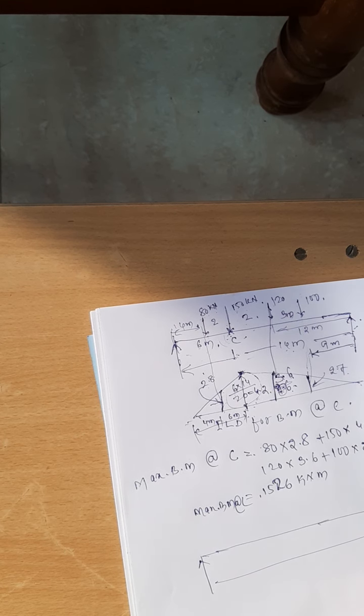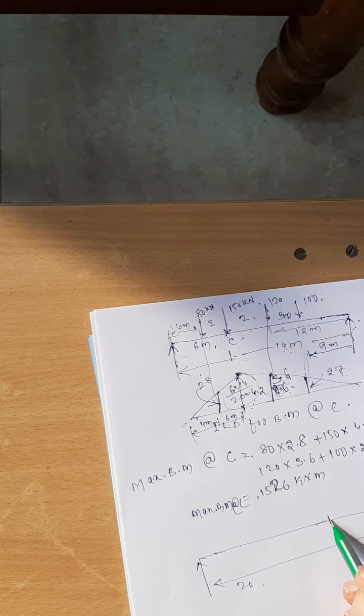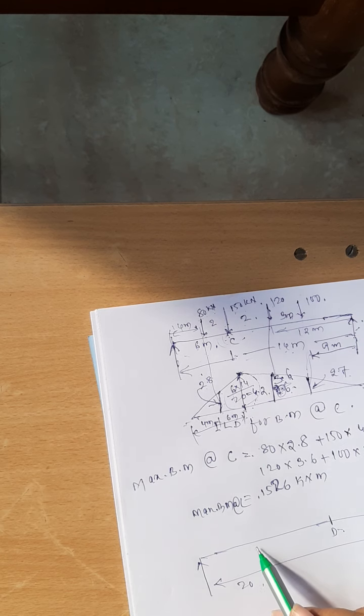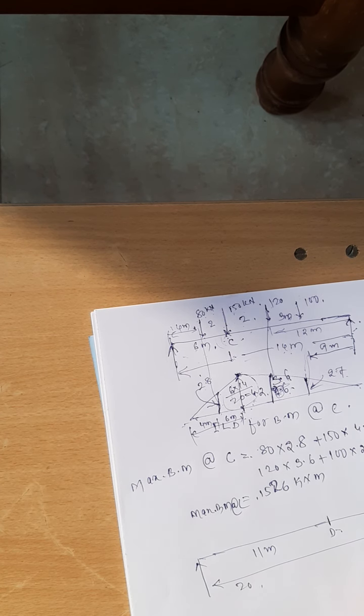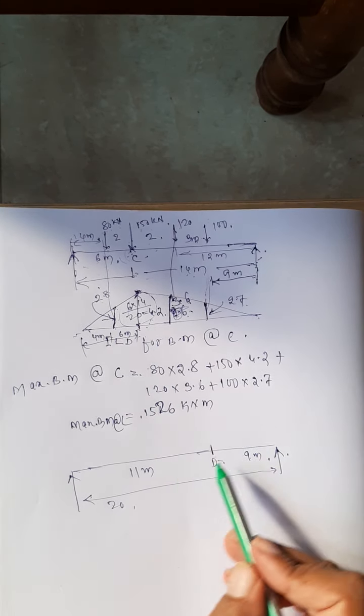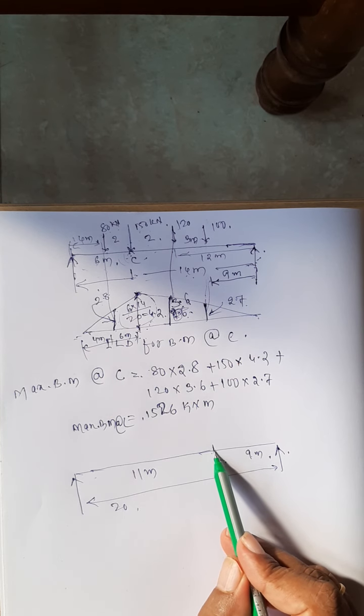This total is how much? 20. At point D, which is 11 meter from left end, this distance will become equal to 9 meter. Is it alright? He wants the maximum bending moment at D.